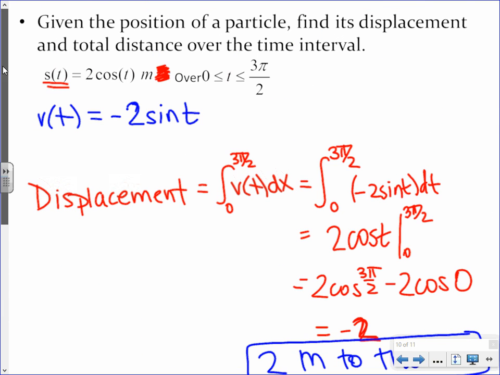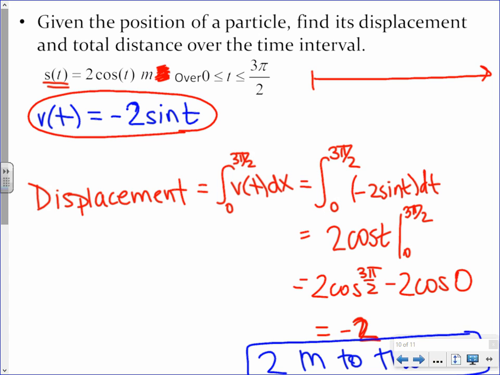So between 0 and 3 pi over 2, where is 2 sine of t equal to 0? Zero. 0 and pi. That's where the sine is equal to 0. So if we plug in values between 0 and pi, what's true about our velocity?